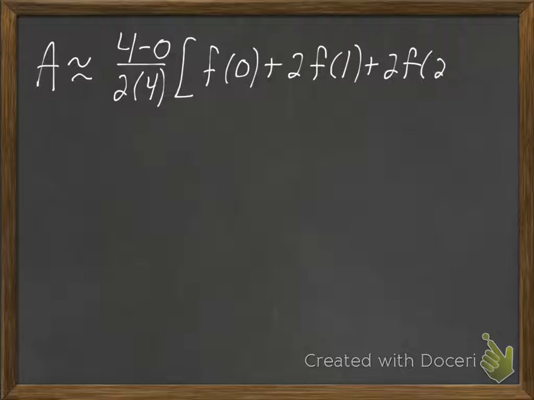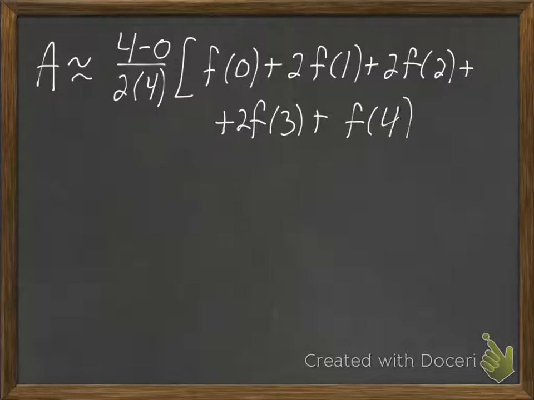Right, all the middle guys get twice. Twice f of 3 plus f of 4. Now it's just a matter of plugging all that stuff in.